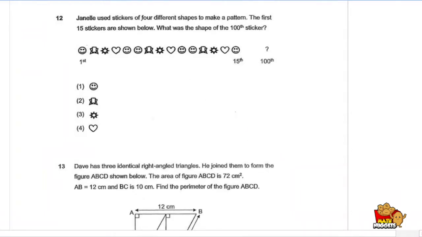Question 12, we need to look at them as sets. Let's identify what is one set. One set is over here. So we have smiley face, star, heart shape, smiley face again. So you see, 1, 2, 3, 4, 5. So 5 of them make up one set.